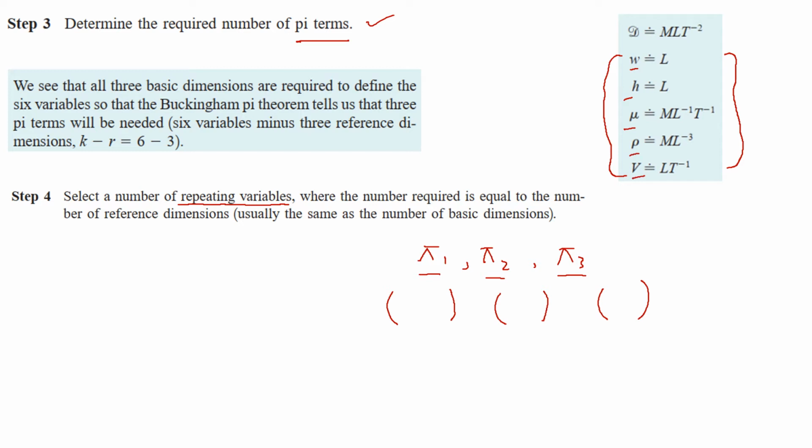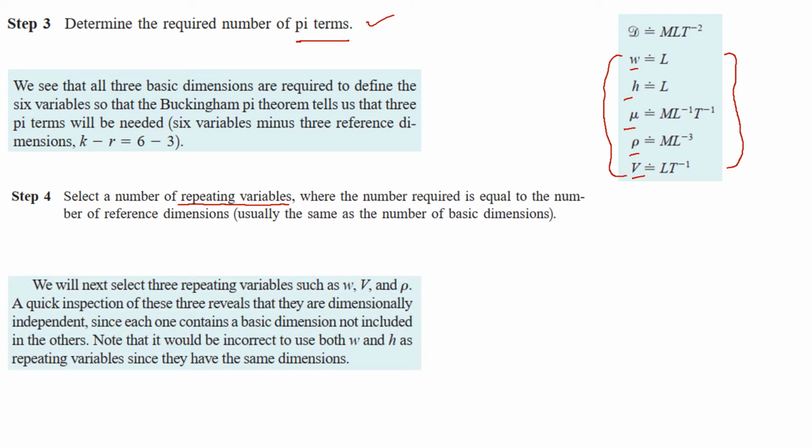So the condition for selecting repeating variables is that they should be dimensionally independent. Let's define that. What does dimensional independency mean? Here in this example, they are selecting these three variables, the width, velocity and density, as the three repeating variables.